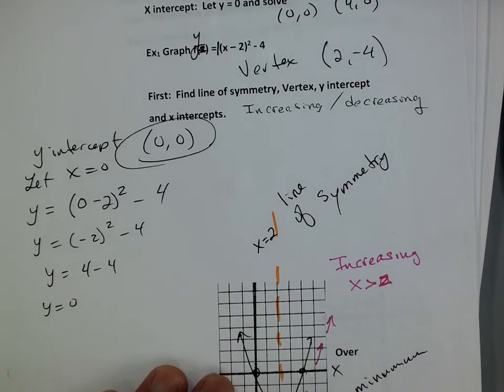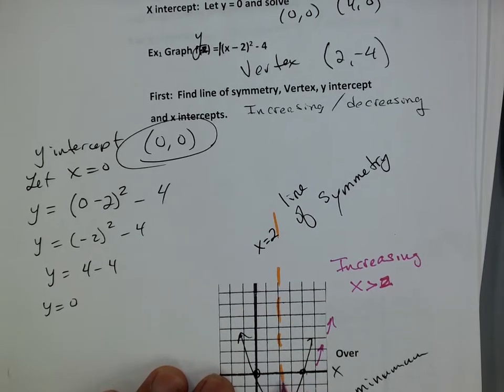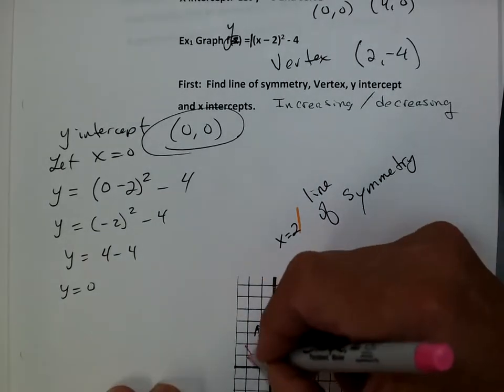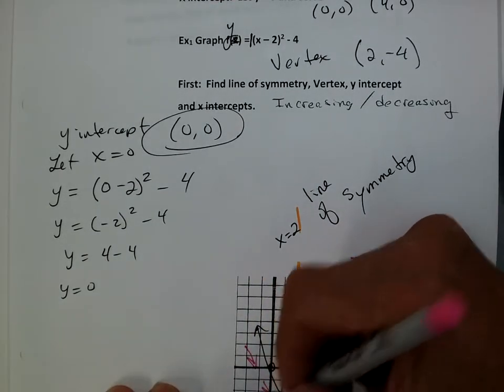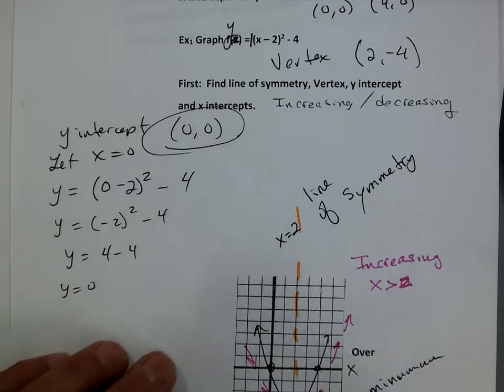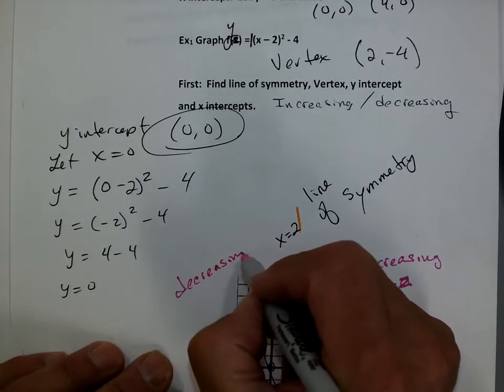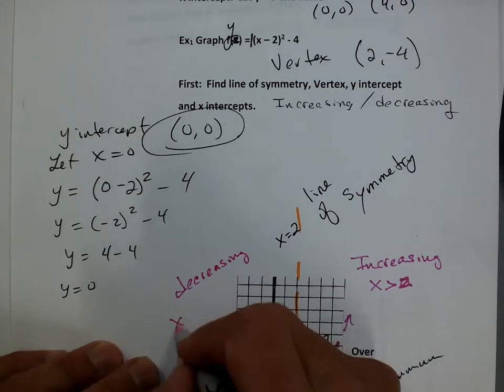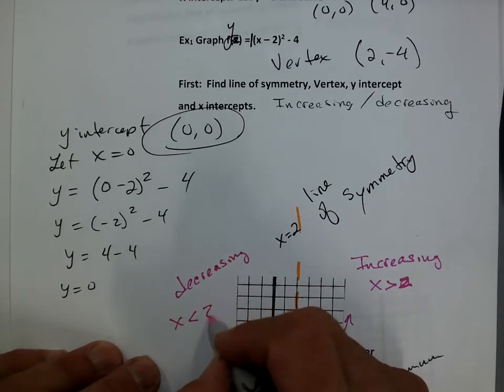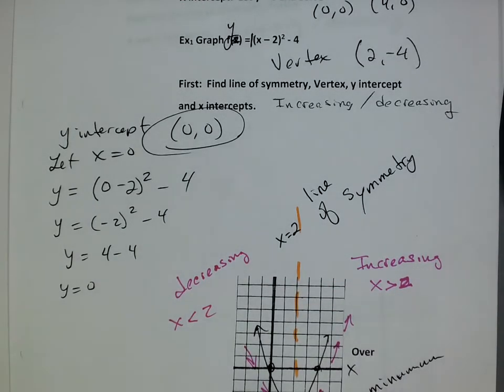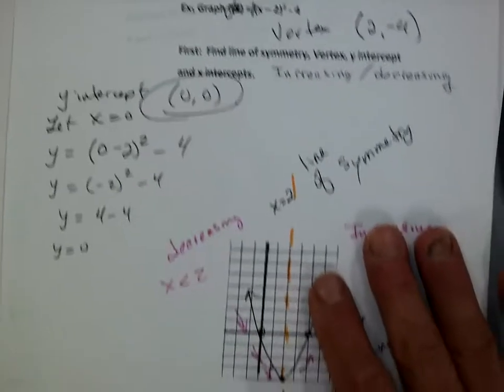When x is 2 or greater, the graph is going up. It's decreasing, it's going down, down, down, back here, when x is less than 2. Right here at the vertex, it's neither increasing or decreasing. It's just stopped. Okay?